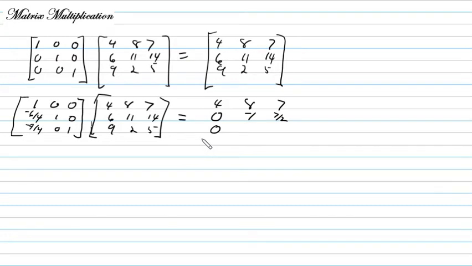And then what I want to do here is say minus 9/4 times 8 and add it to 2. So minus 9/4 of 8 plus 2 gives me minus 16.